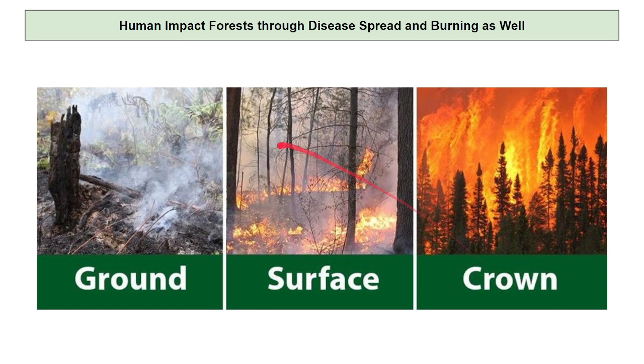Typically, natural forest fires are ground or surface fires. However, humans can increase the amount of crown fires. And while it's nice that we get nutrient recycling in ground and surface fires, crown fires can often do more damage than good for the forest as a whole.